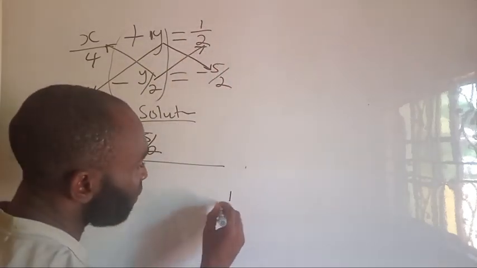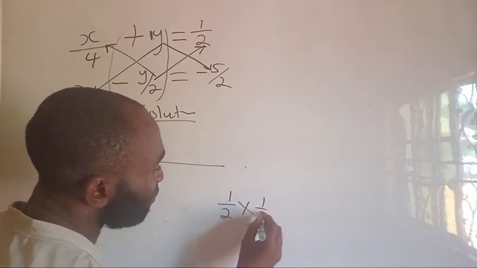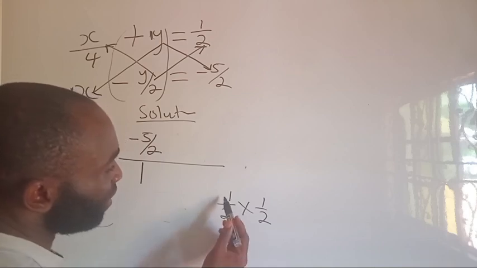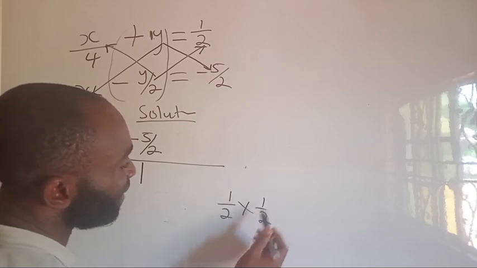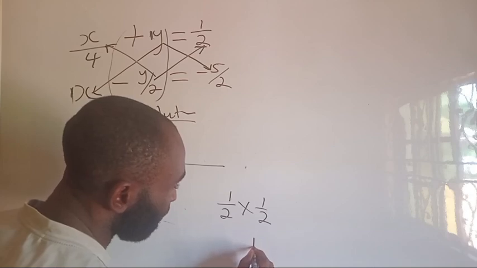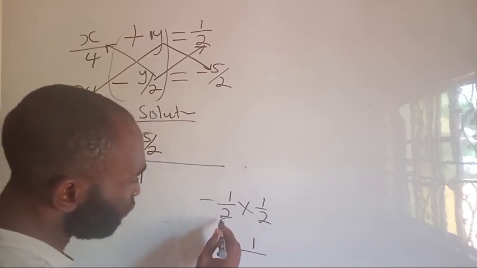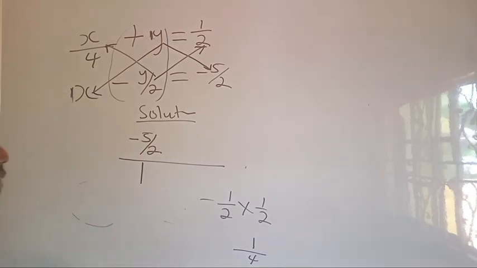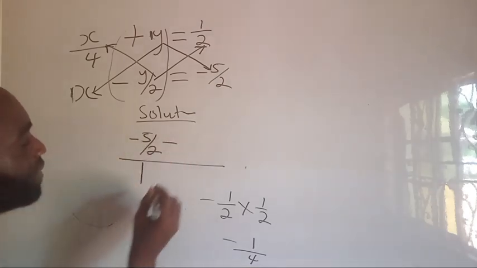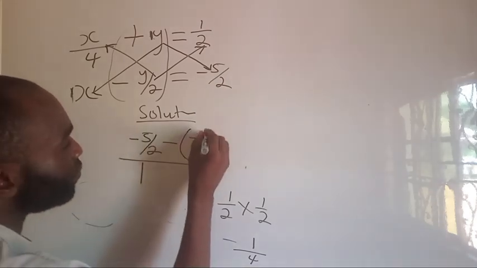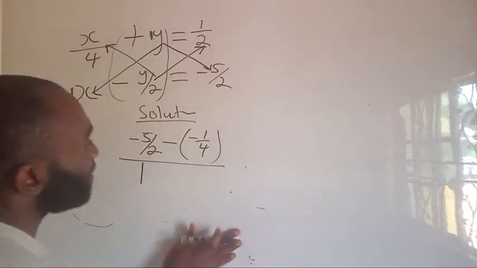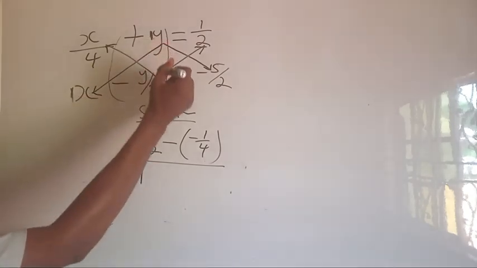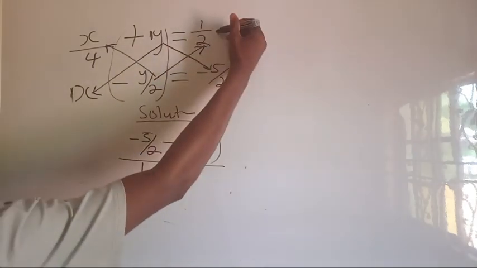In fractions, numerators multiply numerators and denominators multiply denominators. So here 1 times 1 will be 1. Then 2 times 2 will give us 4, which means minus 1 all over 4. We are done with that.